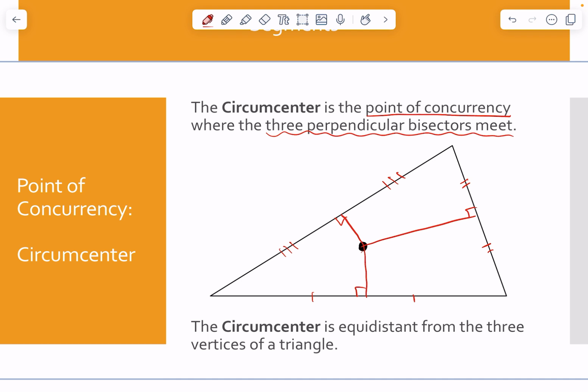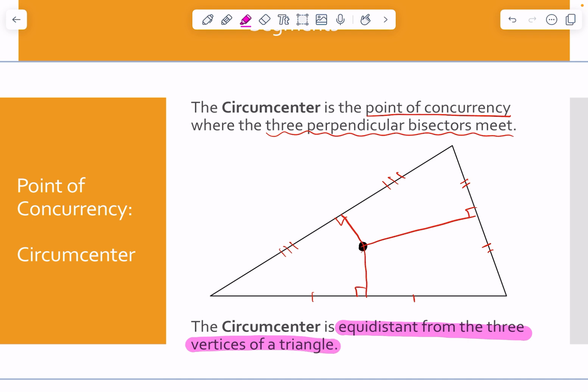Okay? Now, the second part to this is, so what? Why do we need to know the circumcenter? Well, here's the part that's kind of interesting to us. The circumcenter is equidistant from the three vertices of the triangle.